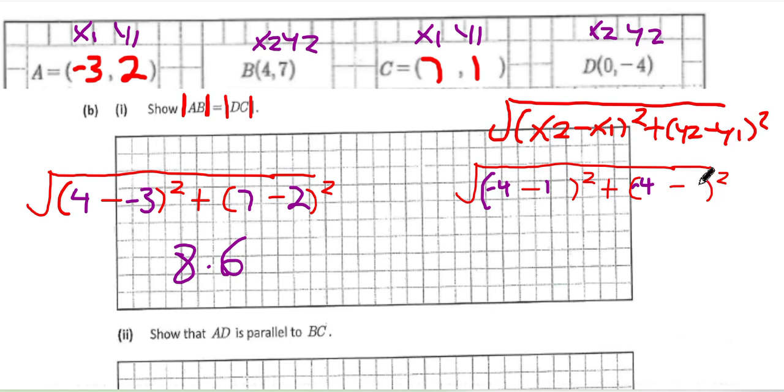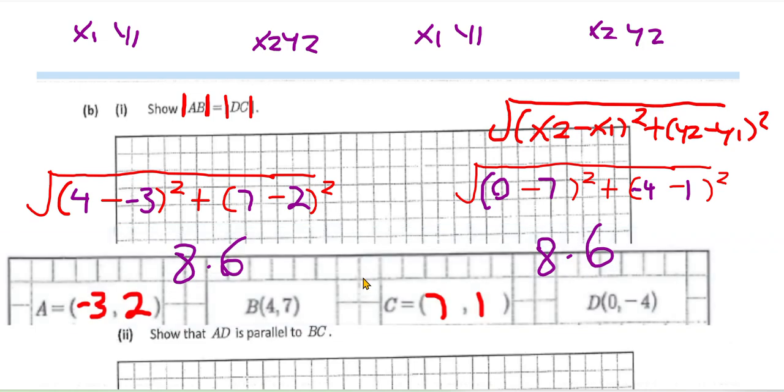And then Y1? Did I do it wrong? Okay, let me go back to start. X2 is 0. X1 is? Y2 is minus 4. Y1 is 1. What do we get? 8.6 again. Okay.